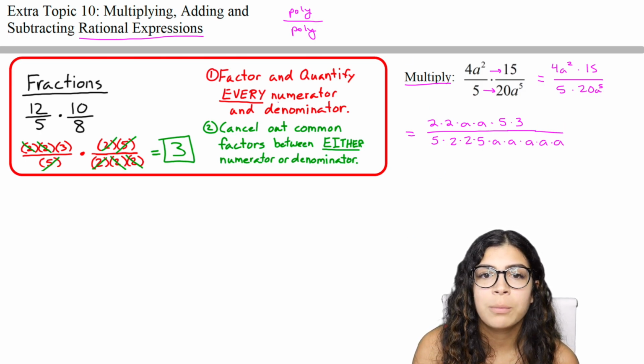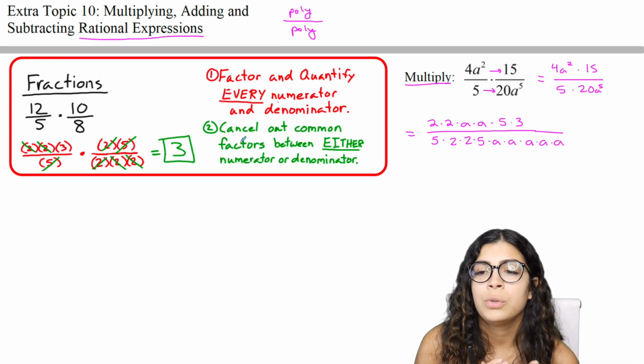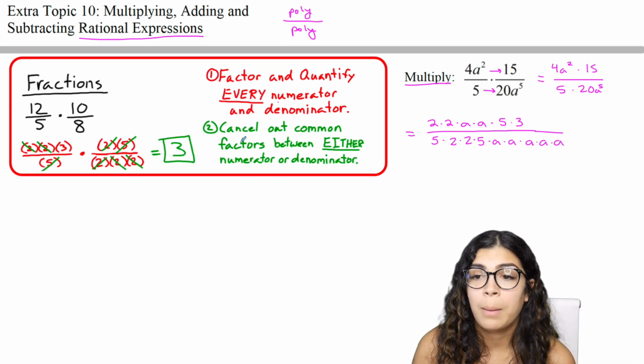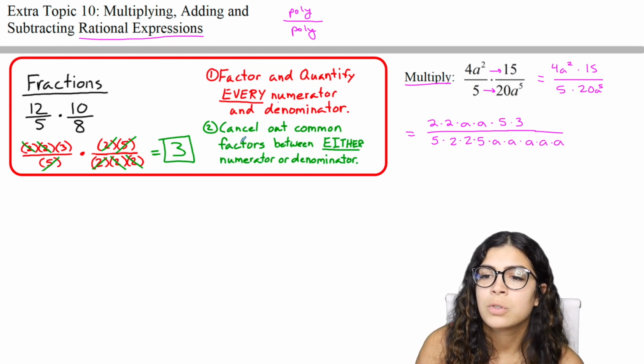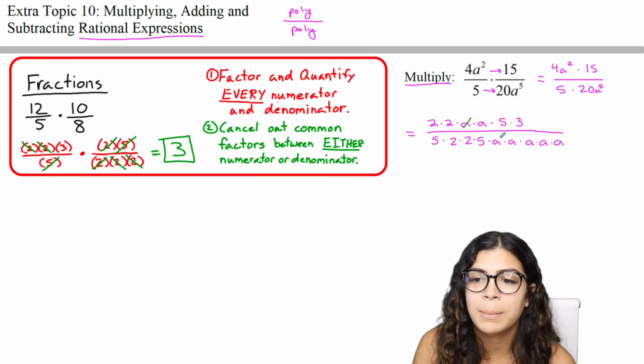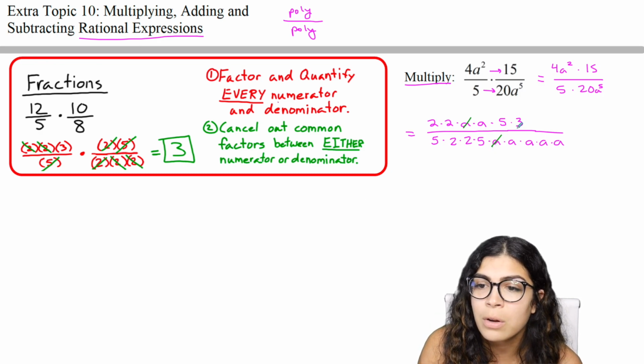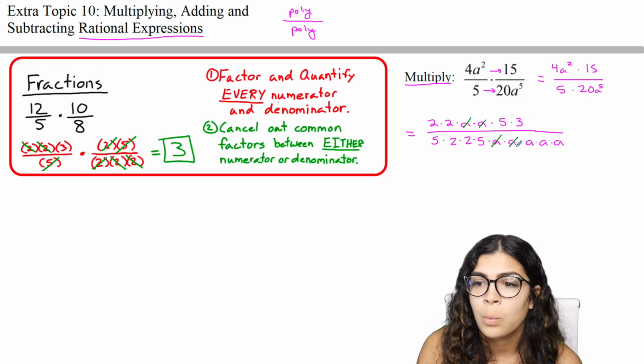Now, the idea, if you remember from the other video, is to cancel out common factors. If you have the same factor, for example, like we have an a in the numerator and an a in the denominator, well, a divided by a is just 1, so it cancels. We have another copy of a that would cancel. We have 5 divided by 5 that would cancel.